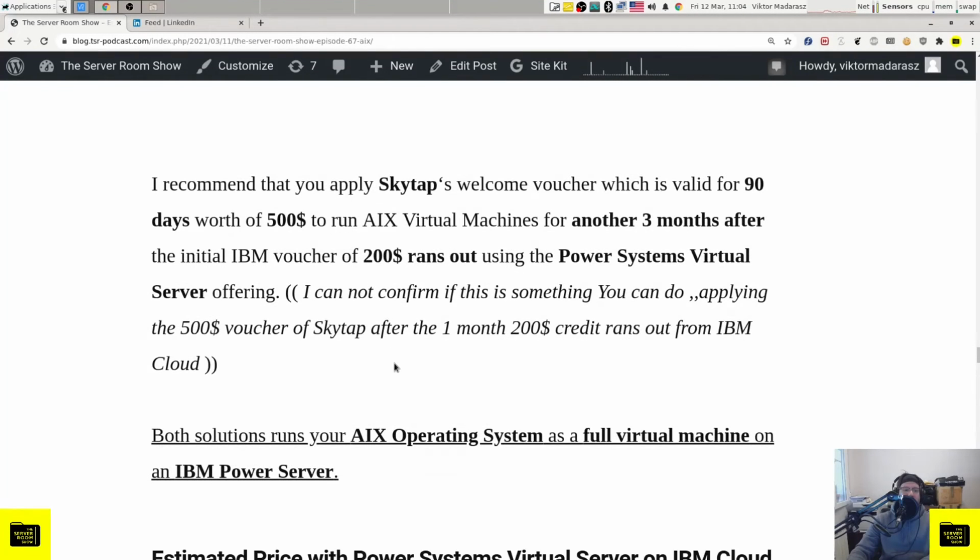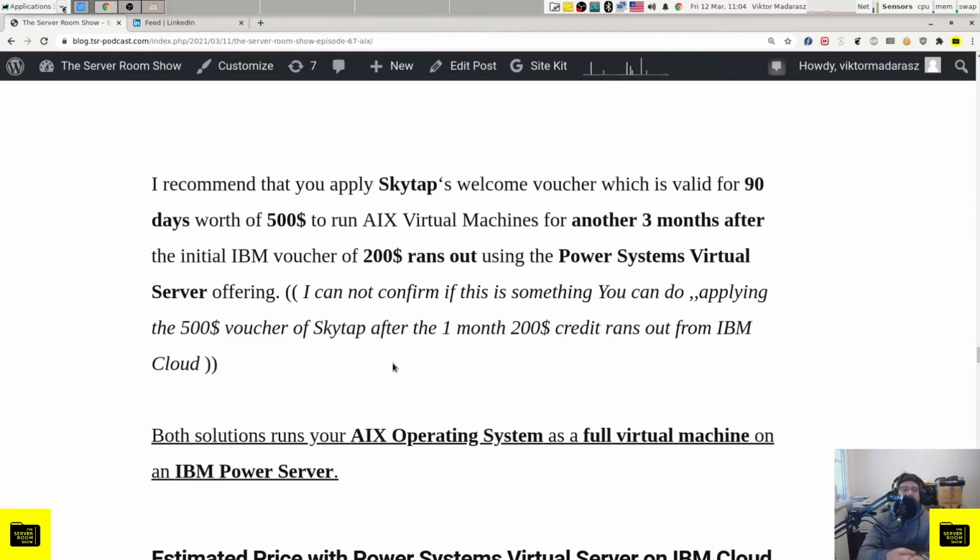I would recommend that you apply for Skytap's welcome voucher, which is valid for 90 days and worth $500, to run an AIX virtual machine for another 3 months after the initial IBM voucher of $200 runs out, using the Power Systems Virtual Server offering, IBM's de facto way of doing this.